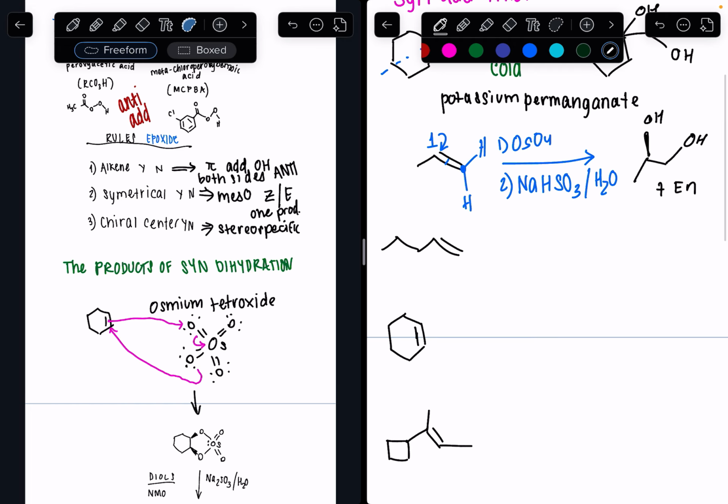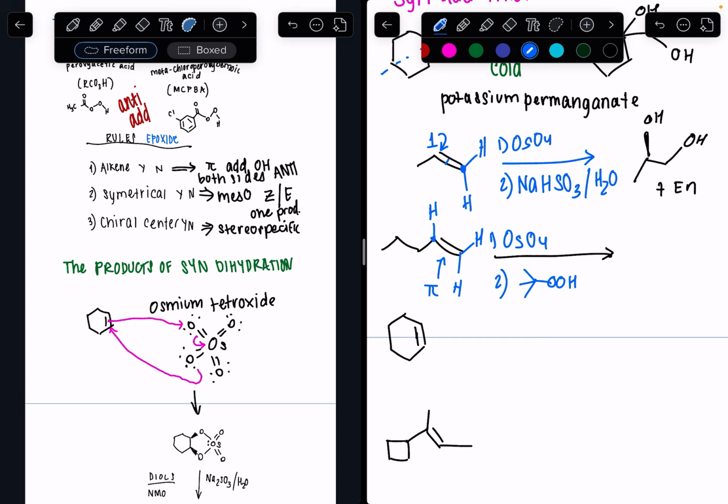All right, how do we want to treat this one? It doesn't have a plane of symmetry. It only has one potential chiral center on our pi bond. If we're treating it with basic conditions, like let's use this again, our catalyst, get this going, and then something really hindered.